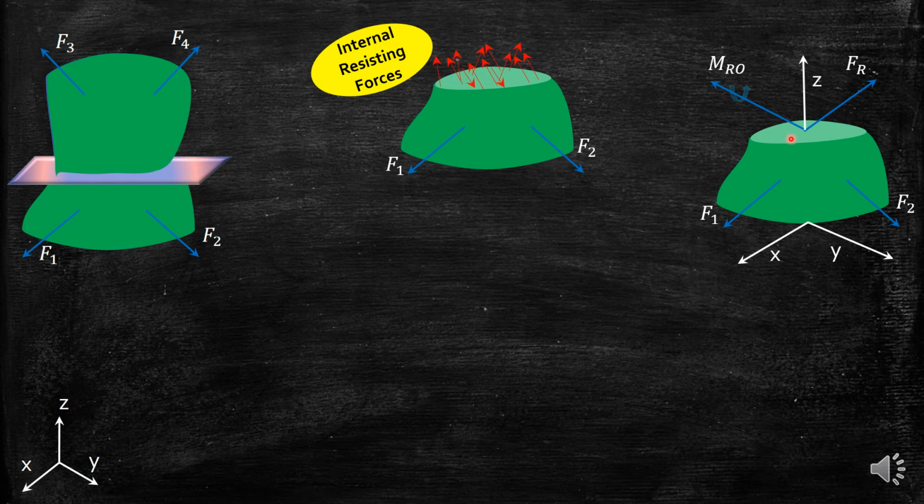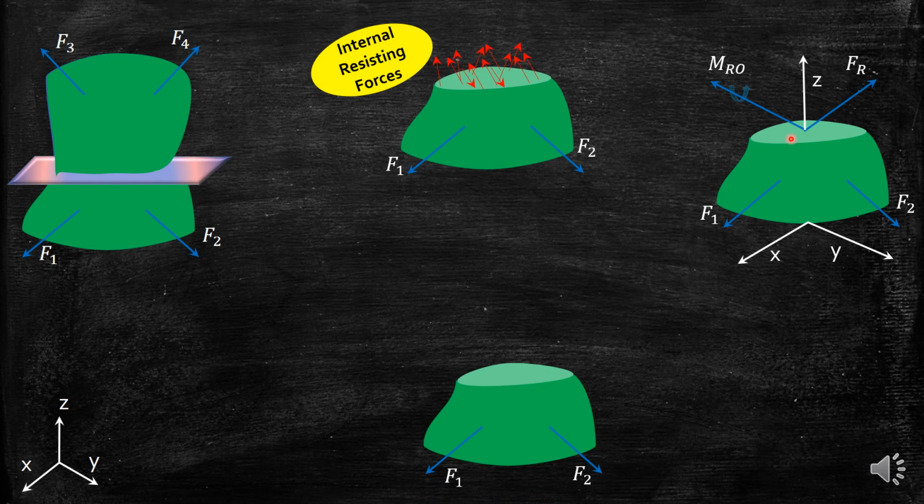Now how have we obtained this Fr? You can see this body. Along this cross-sectional area, there will be forces which are perpendicular to this area and forces which are parallel to this area.